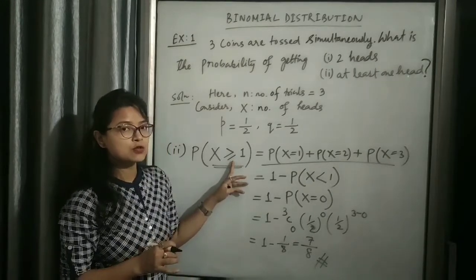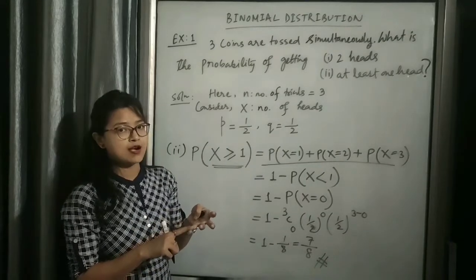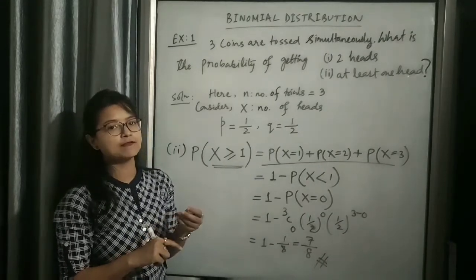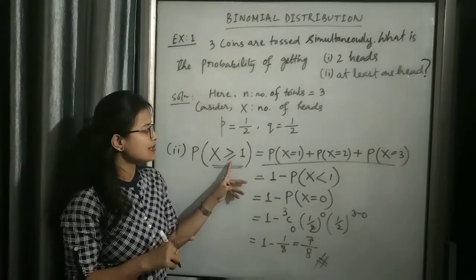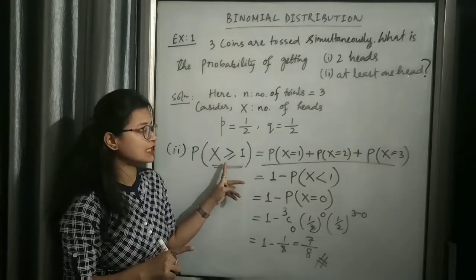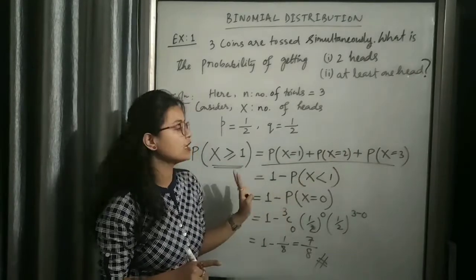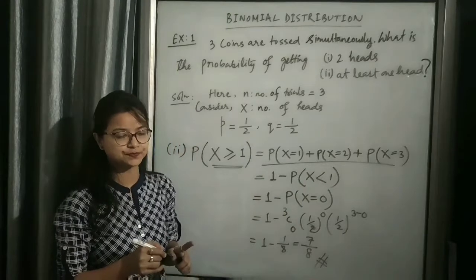But in the binomial distribution formula, x is equal to r, and only then can you apply the formula directly. Here, instead of equality, we have greater than or equal, that's why you have to first convert the greater than or equal to equality. Then only you can apply the formula.